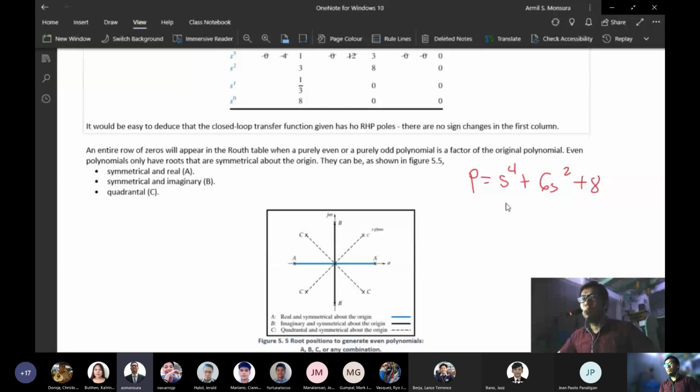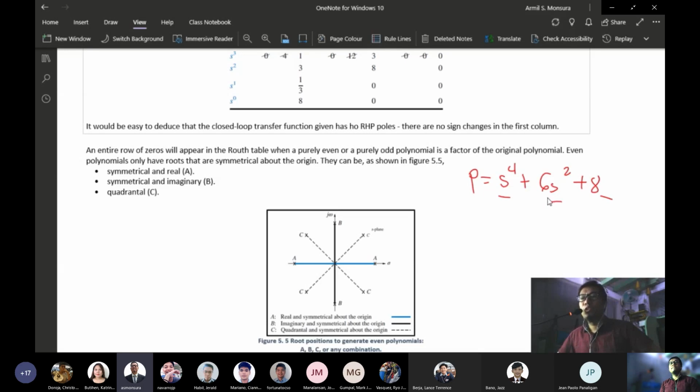So, purely even polynomial siya dahil yung powers ng s niyo are all even numbers. I-include nyo na rin yung s raised to 0. Okay. So, kapag ito yung isa sa mga factors ng original polynomial niyo, magkakaroon ng entire row of 0 sa kanyang route table.